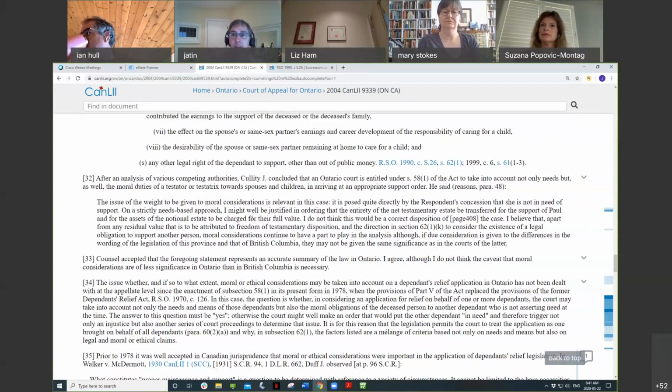In the dependent support arena, there was always this distinction between BC and Ontario. BC had a much broader, we believed, Will Variations Act that allowed a court to consider anybody who might be a beneficiary, and how we viewed it in Ontario was that they could basically rewrite the will. And so courts in Ontario were often saying, don't worry about BC.